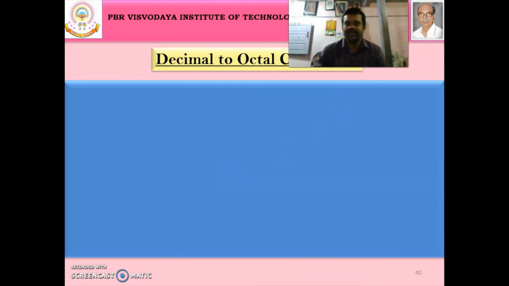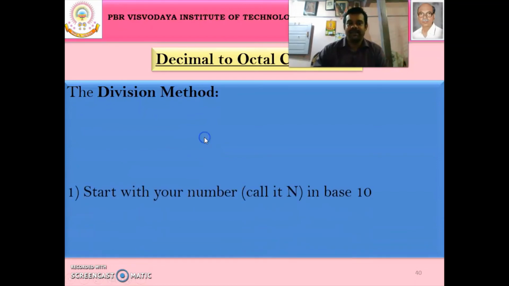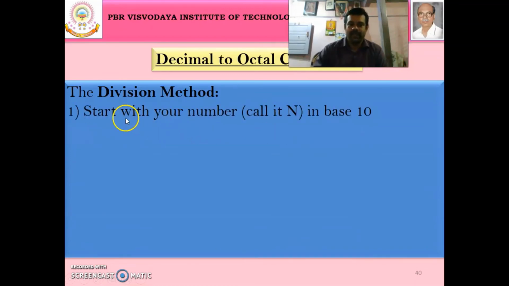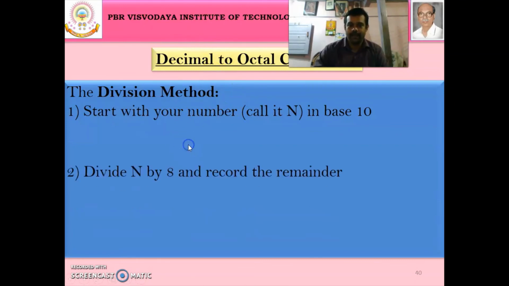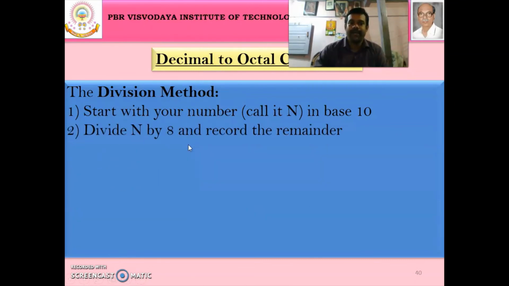So next we are going to see decimal to octal conversion. So the division method we are using. We have to start with our number given in decimal. Then we have to divide that number by 8, since 2 to the power 3 is 8. Octal uses numbers from 0 to 7, so totally 8 numbers.